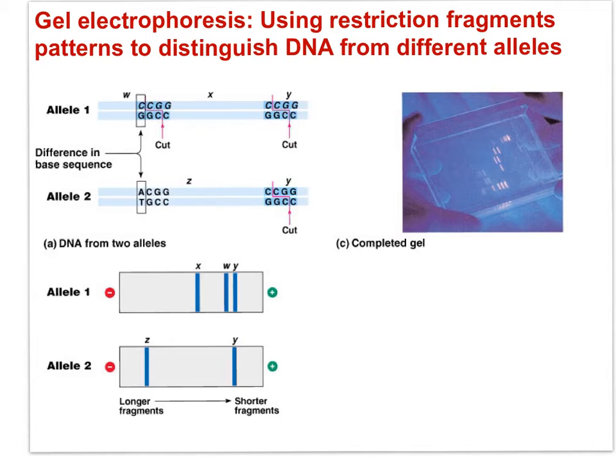Due to the different repetitive sequences, the DNA in this first sample is cut at 2 sites, creating 3 bands on the gel, band X, W, and Y. The DNA of the second allele is only cut at 1 site, resulting in 2 bands on the gel, Z and Y. The extra band associated with allele 1 is the marker that would identify anyone with such a band pattern as having allele 1 as having a predisposition to cancer.